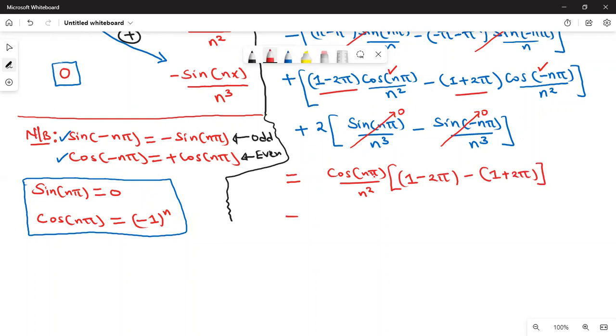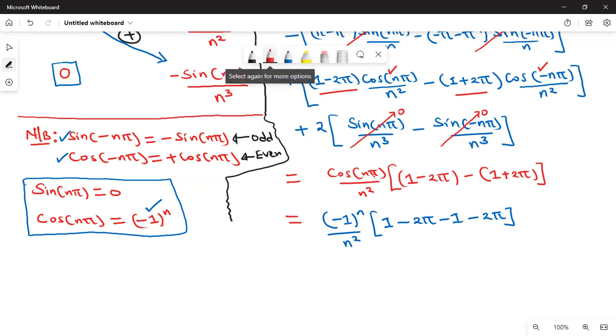And remember, cos n pi is the same as negative 1 raised to n. So this will give us negative 1 raised to n over n squared times 1 minus 2 pi minus 1 minus 2 pi.